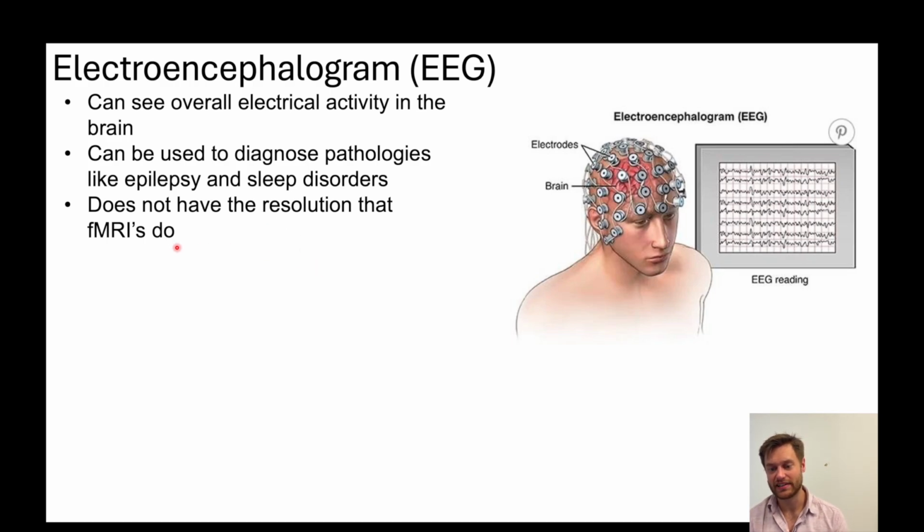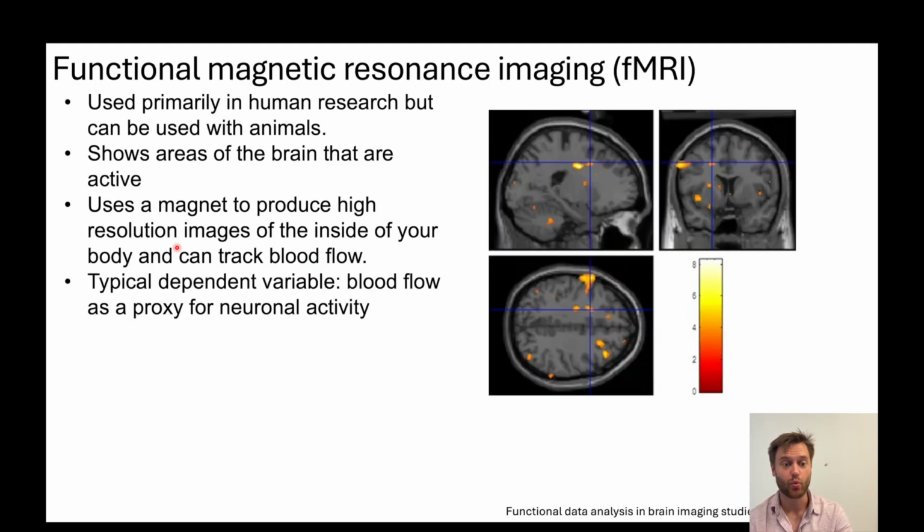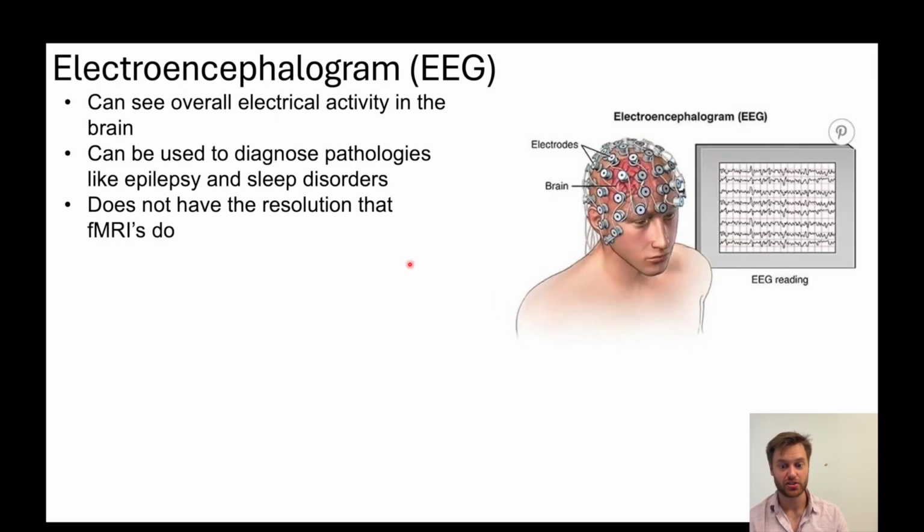So you can't really see exactly that it's in the amygdala here that we're getting this activity. So you should know the difference between the EEG and the fMRI. One of these is using blood flow. The other one is just looking at gross electrical activity. And that'll probably be the main question that I ask.